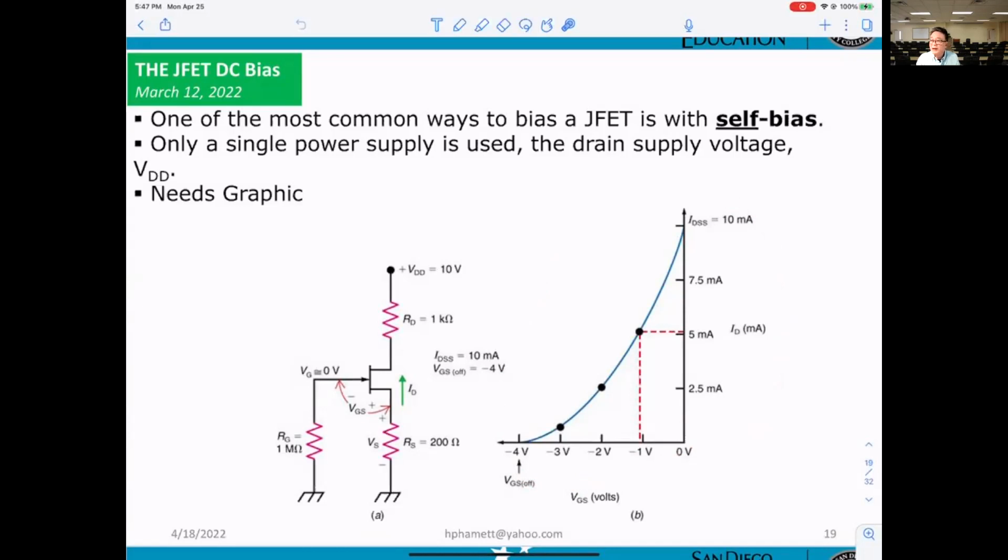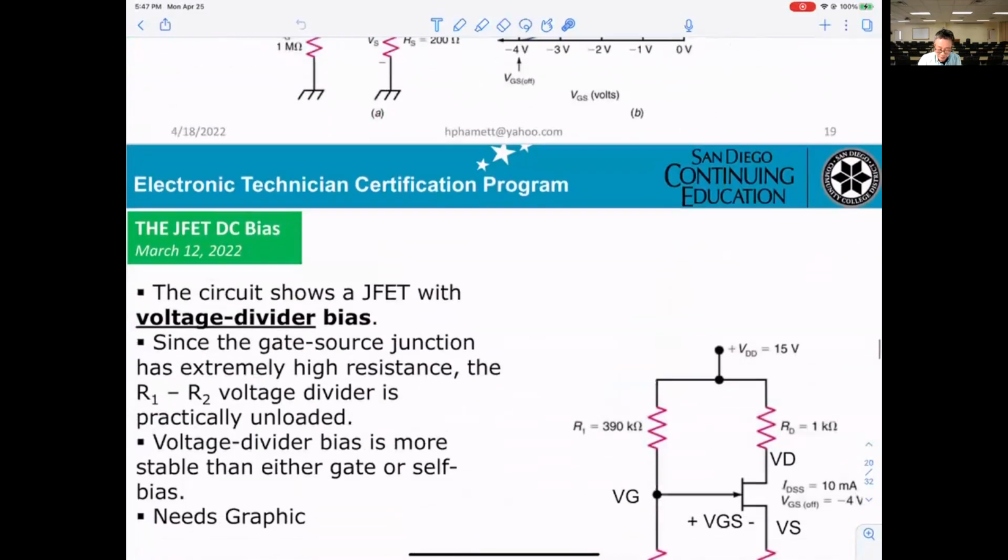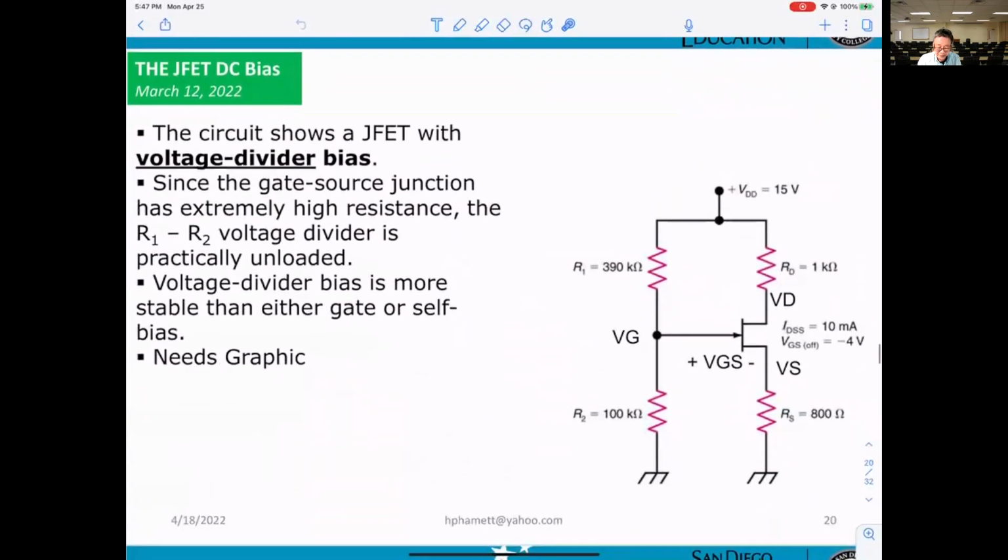When we go into detail on that, then we'll tell you how we can do it. And the next, voltage divider bias. Basically, that's a voltage divider bias here. First thing, you can easily calculate the VG right here. Voltage divider: you take VDD times R2 divided by R1 plus R2.